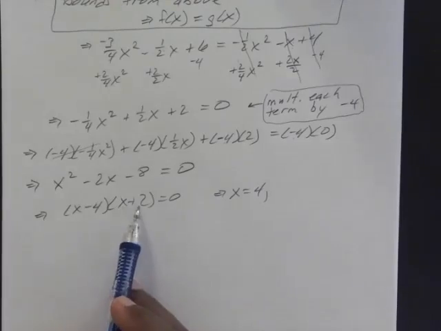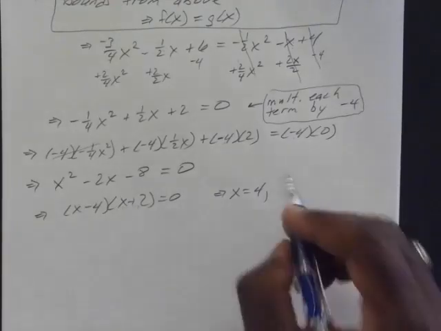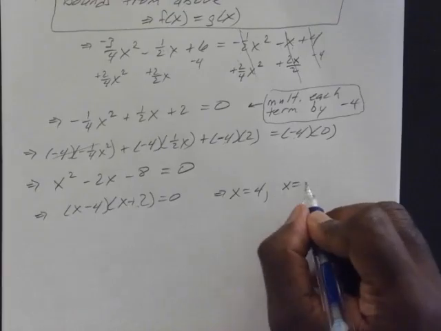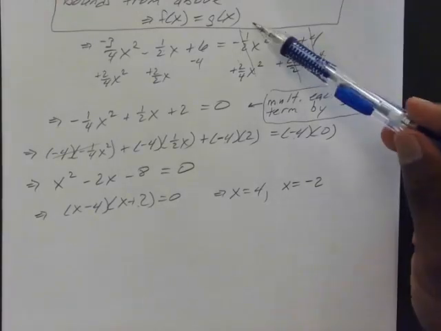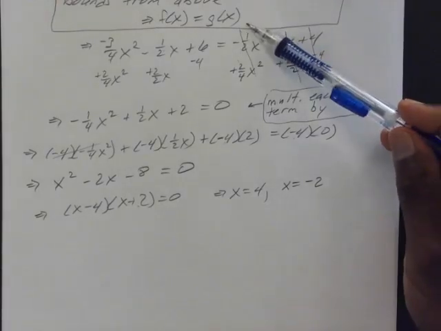Or x plus 2 can equal 0 and make that true, which means x can equal negative 2. Right, so these are the two values where f of x is equal to g of x.